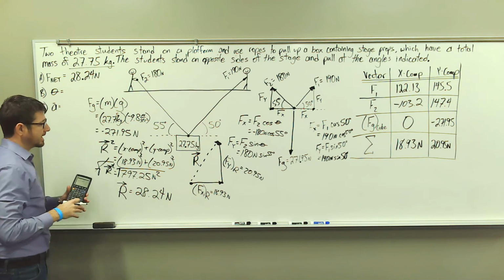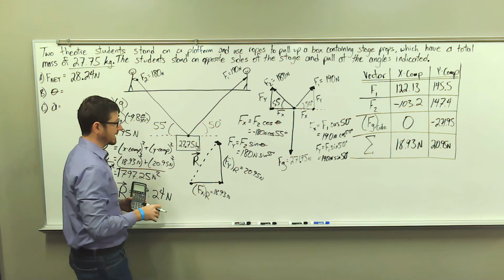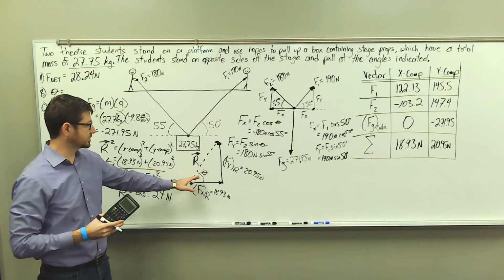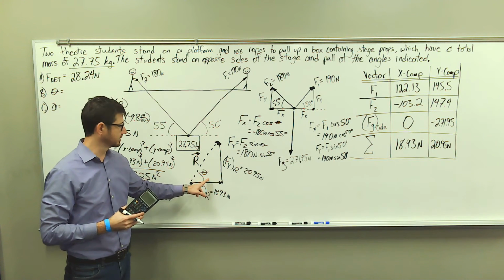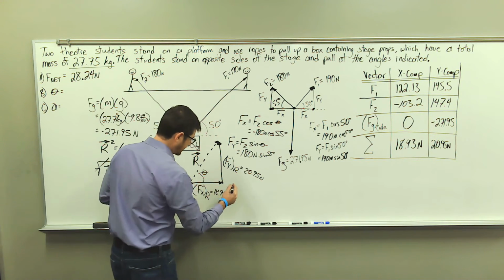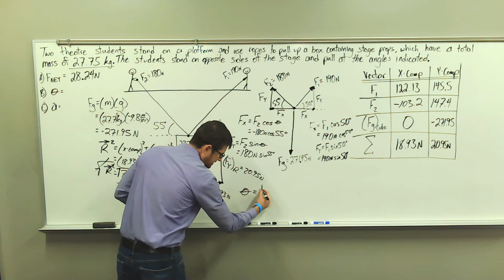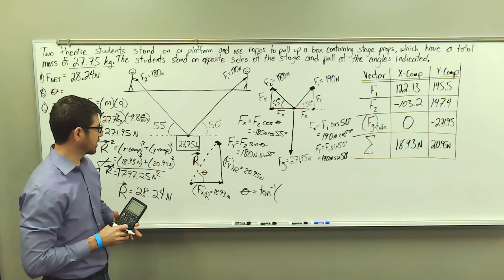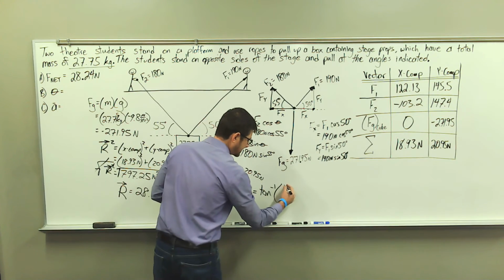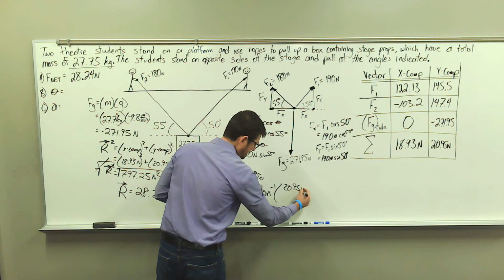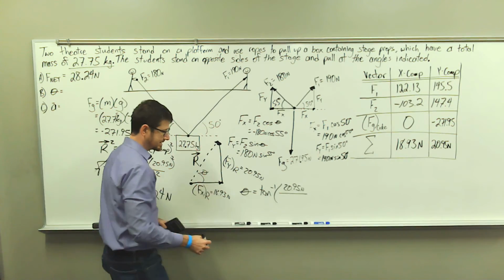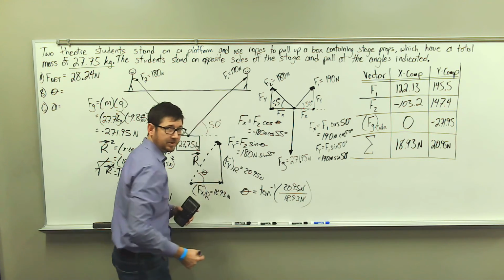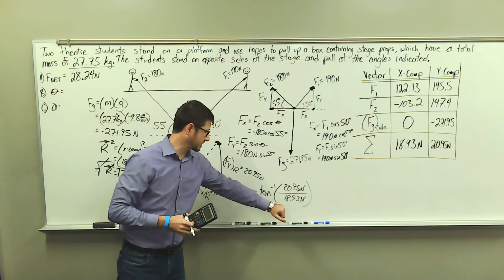Okay. And now part B wants us to calculate the angle or the direction. What we're going to do is calculate the reference angle here. So theta equals arctangent of my y component divided by my x component. My y component is 20.95 newtons. My x component is 18.93 newtons. You can see that the units of newtons cancel out.